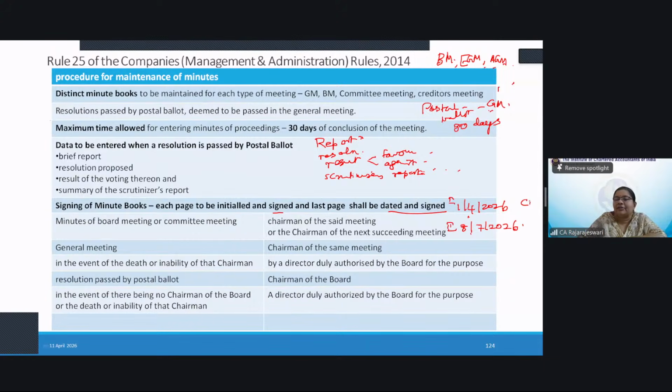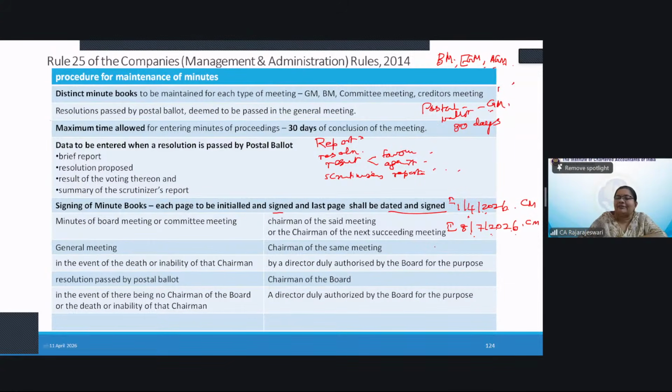The chairman of the first board meeting can sign the minutes, or the chairman of the succeeding board meeting, 8/7/2026, can sign the minutes of 1/4/2026. If it is a board meeting, that is an internal record, right? So that can be signed by the chairman of the next succeeding meeting also.